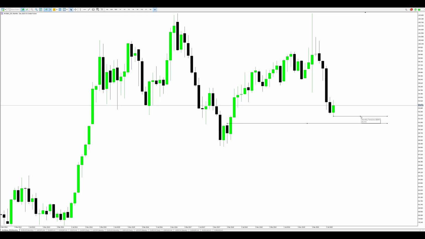Right, now you can clearly see the reason why I'm saying you need to take note of the high of that last down close candle. It's because of this area here. Price hasn't traded back into this area, yet we had buy side liquidity being offered April 2018, June 2018.